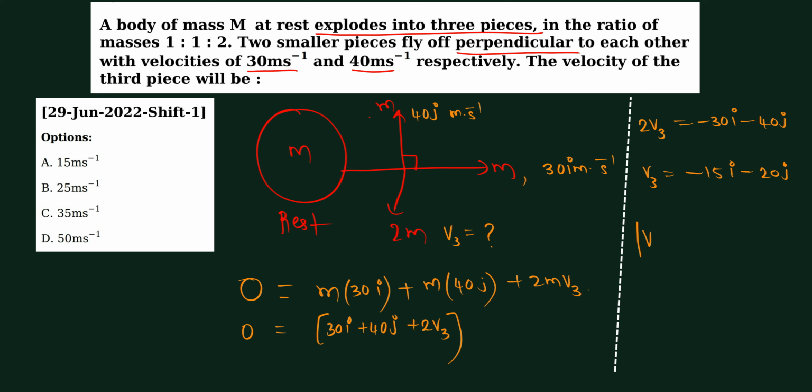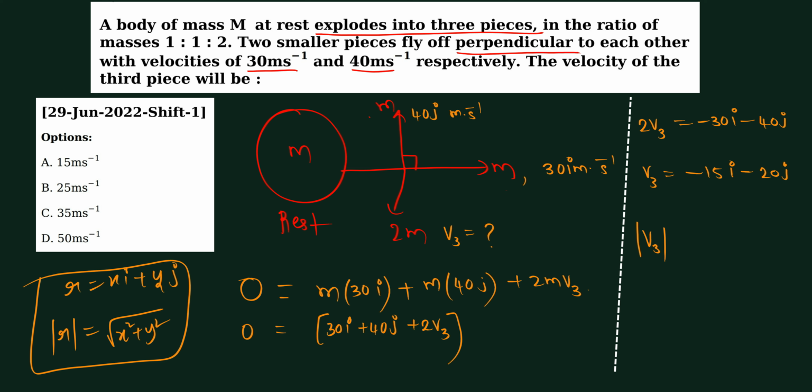We need to find the magnitude of velocity. What is the formula for the magnitude? If R equal to xi plus yj, then modulus of R equal to root over x square plus y square. So root over minus 15 square plus minus 20 square. 15 square is 225 plus 20 square is 400, which is equal to root over 625.